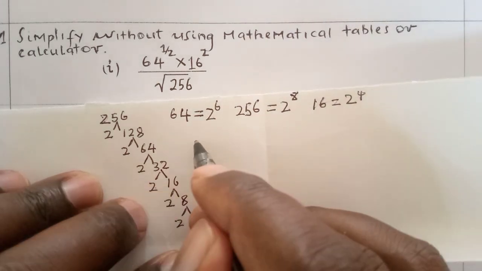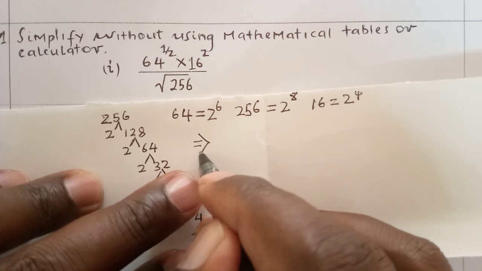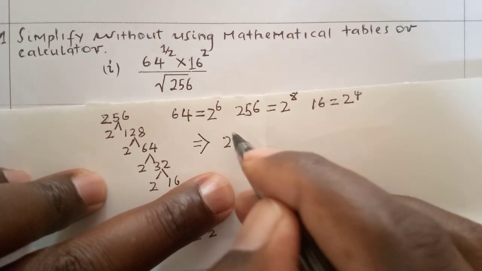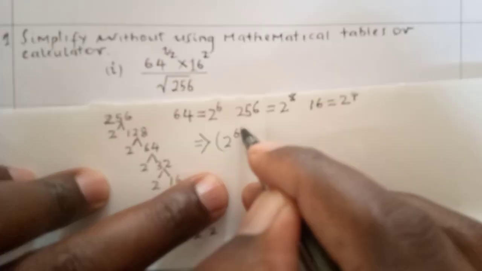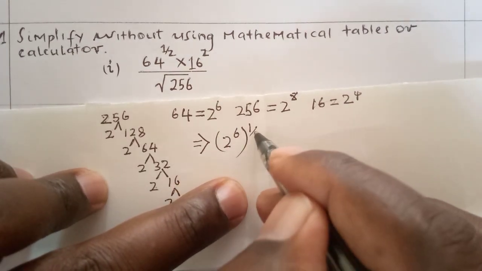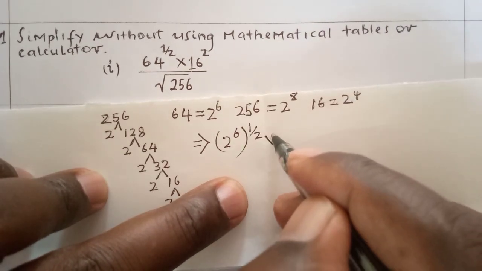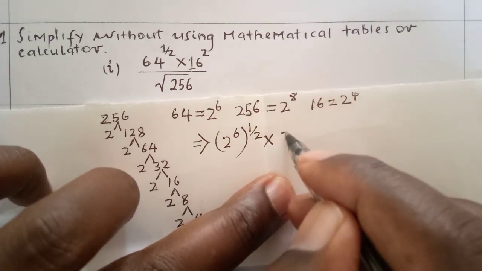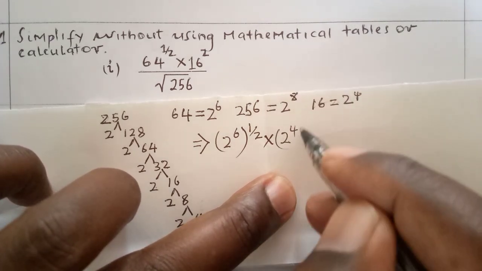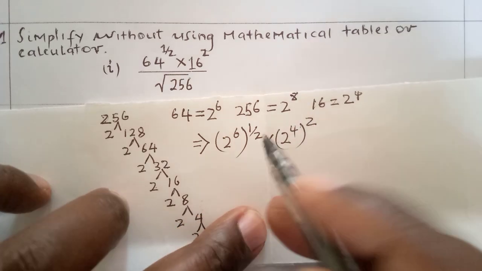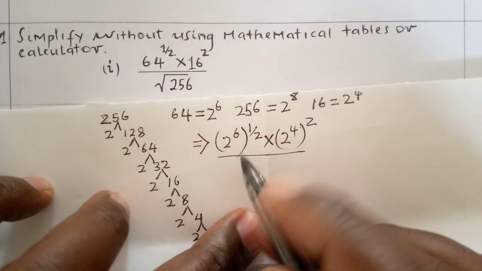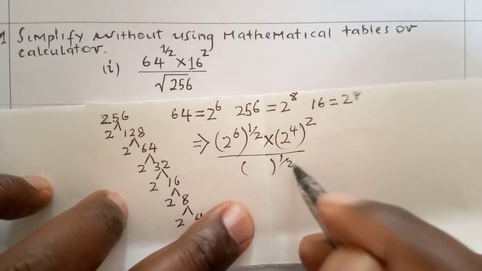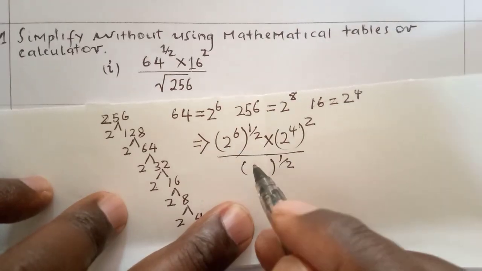So if we come to our question here, the 64 is going to be 2 raised to 6, and then we have a half there. Times 16, which is 2 raised to 4, and then we have a 2 there. Divide that by, this is a half there. Then 256 is 2 raised to 8.